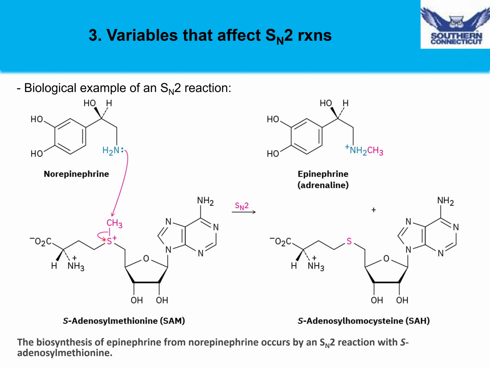Essentially, the sulfur and the rest of the molecule that is attached to it acts as a leaving group. So think of this as maybe like a halogen. So the nitrogen would attack this carbon, do an SN2 reaction by eliminating the sulfur and everything else attached to it. In this process, we would synthesize adrenaline after the methyl group is transferred.